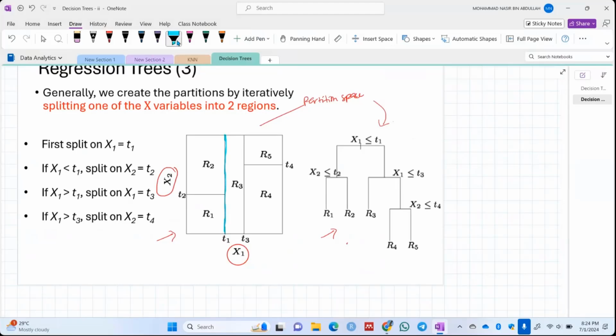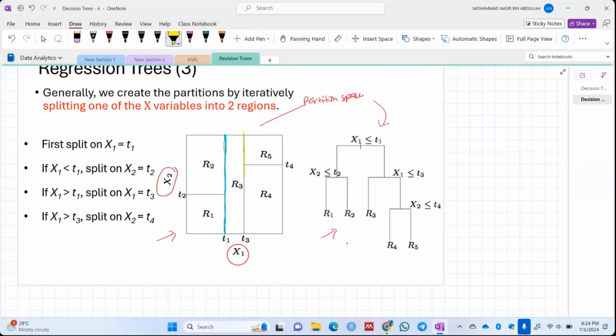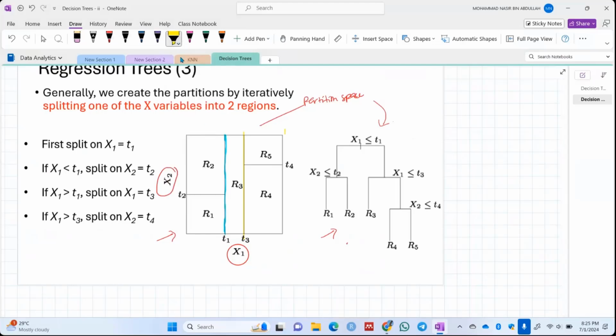If you look at this one, we have the line x1 at t1 and x1 at t3, so we have two lines that separate two regions. Let's consider the first separation. Let's say we take x1 less than or equal to t1, so we take t1 as the root node.